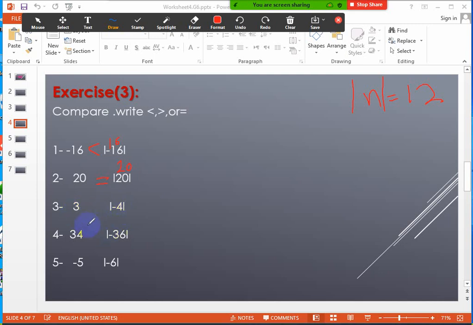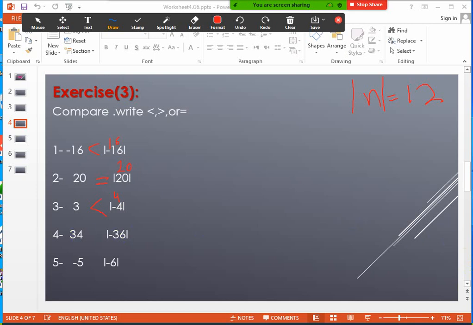Look, what is the absolute value for negative 4? The absolute value for negative 4 equals 4. That means which number is the greater? 4. That means the absolute value for negative 4 is the greater. Thank you, Selma. Okay, dear.